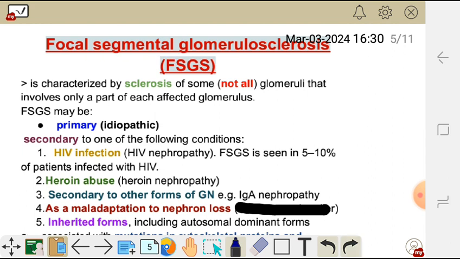Okay, and focal segmental glomerulosclerosis can be primary or secondary. Primary means the etiology, or the cause, is not known, that is, idiopathic.